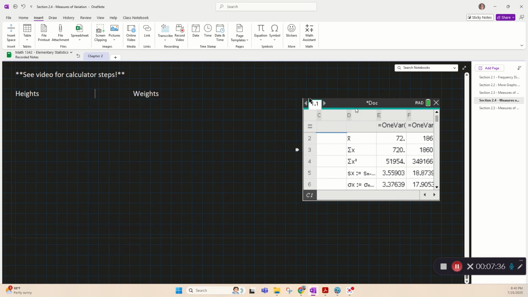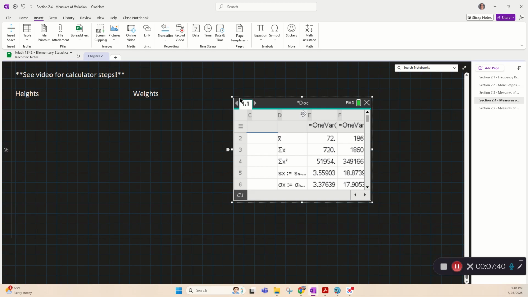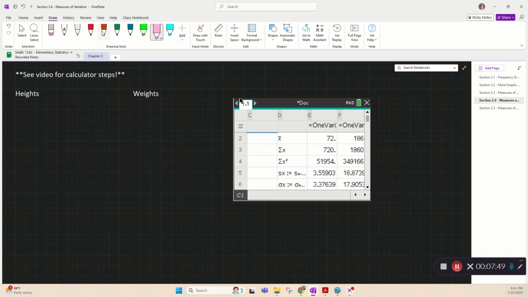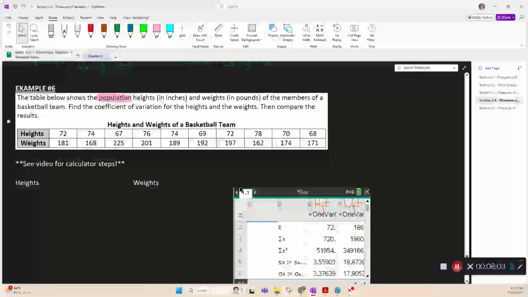Okay, so if I look at what this is telling me, column E is going to be for my heights because that was my first variable. So this one is height. This one is weight. Okay, now, what did the problem say? The problem said population height, population weight.